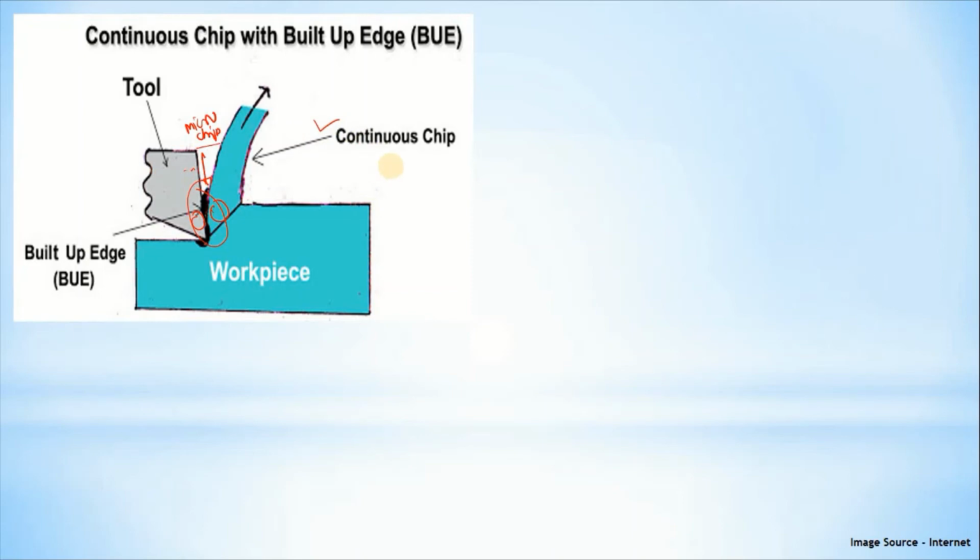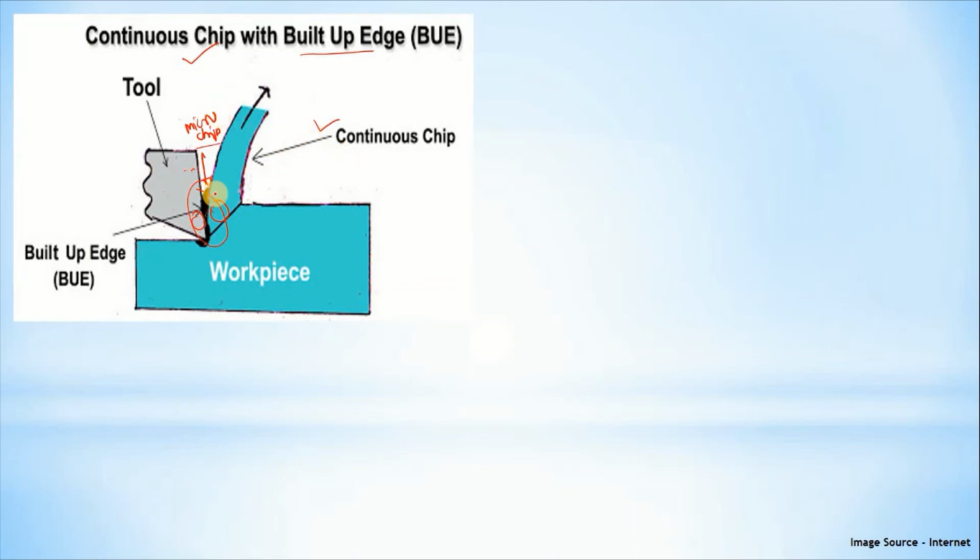A discontinuous chip is simply thrown away from the machining zone, so there is no chance of microchips adhering to the rake face of the tool, so no built up edge will form with a discontinuous chip. Whenever continuous chips are formed along the rake face, the microchips will get adhered and form the built up edge on the tool.